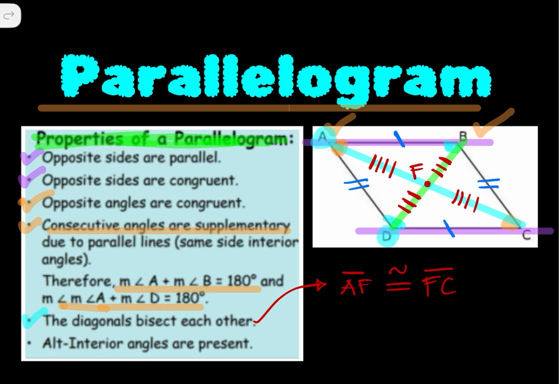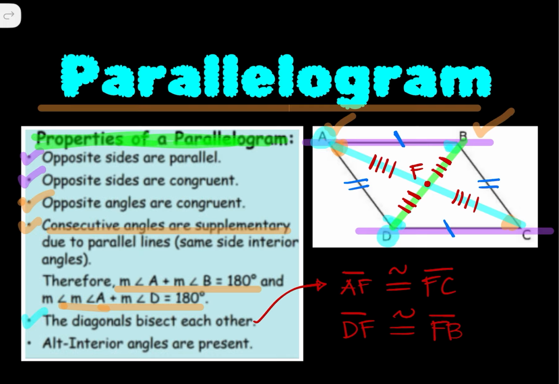The other pair of congruent segments using diagonals bisect each other is segment DF, or FD, is congruent to segment FB, or BF. There will only be two pairs of congruent segments created out of the diagonals.